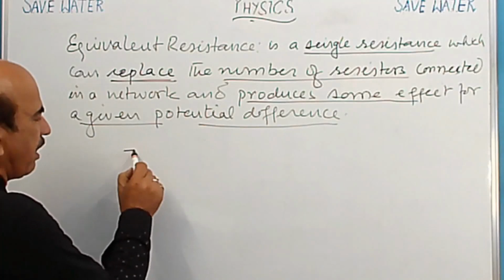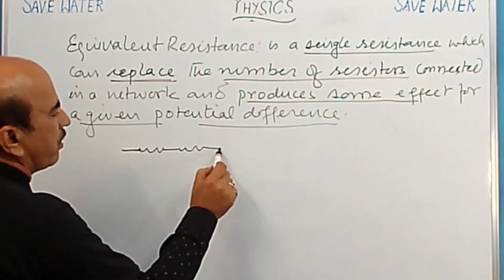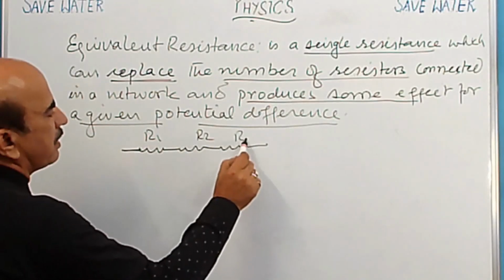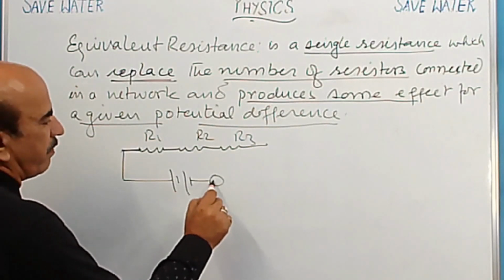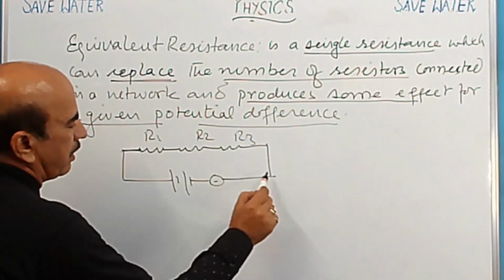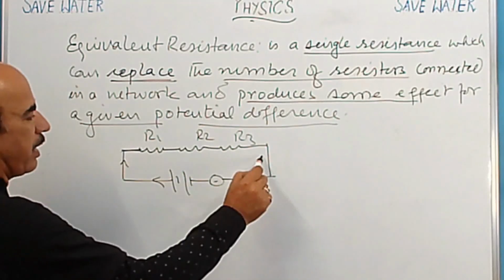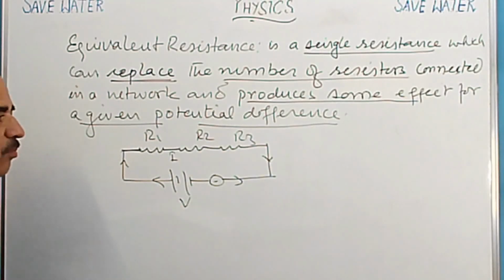So if we have three resistors connected in series here, this is R1, R2, and this is R3, and they are connected in series this way. Yes, and the current passing through them is I. I is the current which is passing through them, and V is the potential difference.